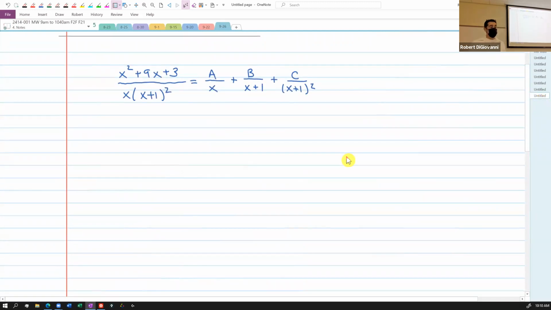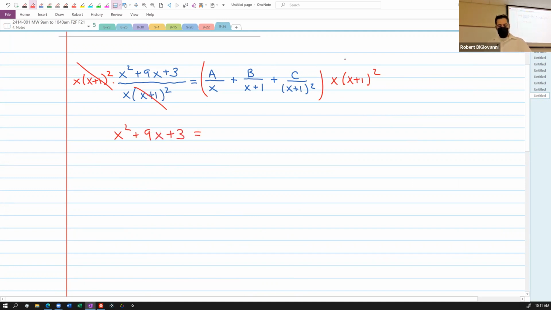Okay, so here we go. Clear the fractions, right? So we multiply both sides by the denominator. On the left, they cancel. We get x squared plus 9x plus 3 equals. Now, when I distribute it through the first one, the x's cancel, don't they?